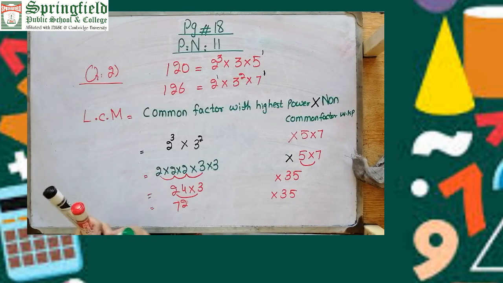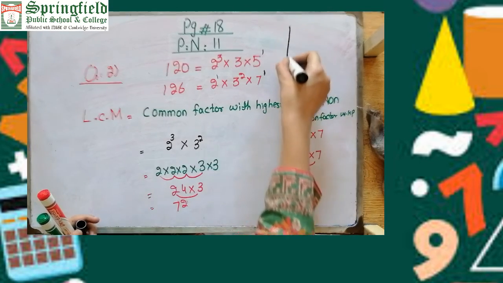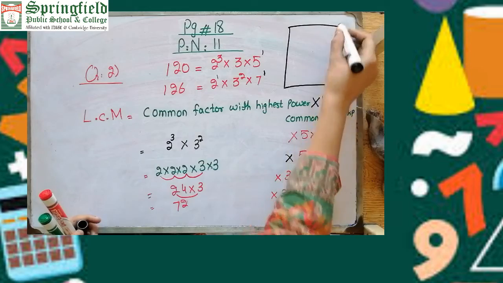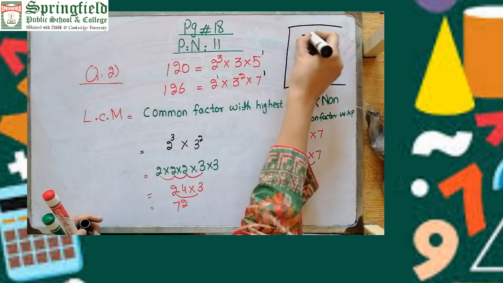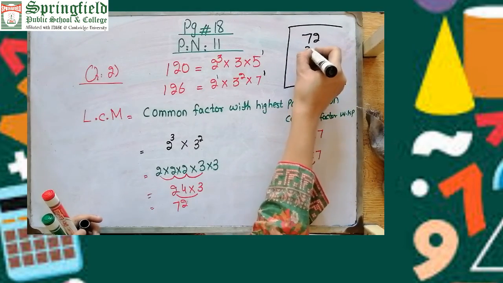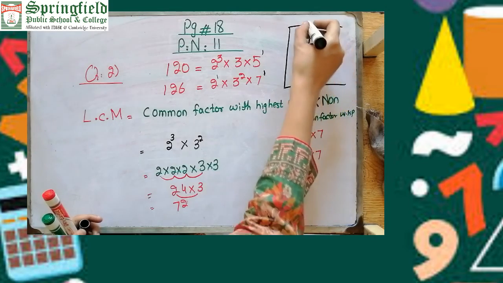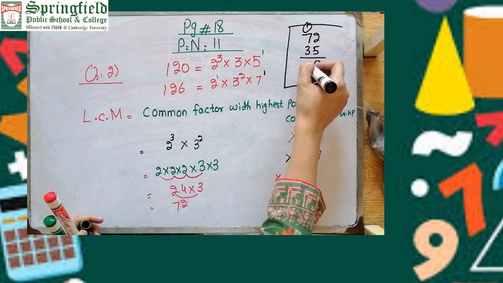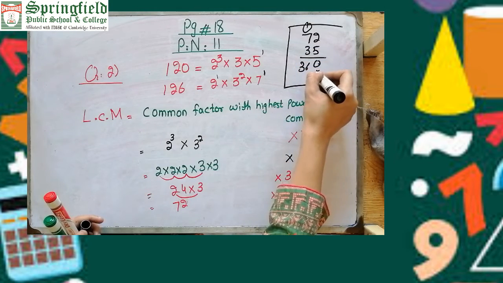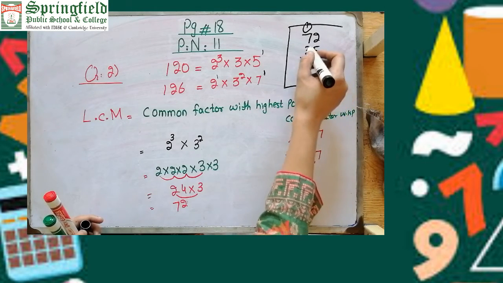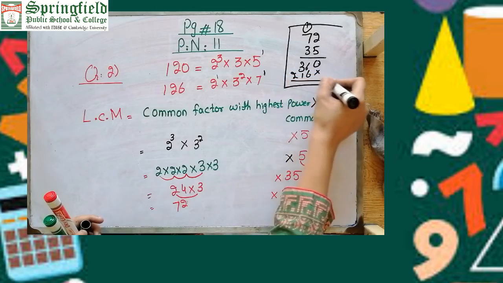So you can multiply 72 on the rough side. 72 multiply with 35. 5 2s are 10. 5 7s are 35, 36. 3 2s are 6. 3 7s are 21.